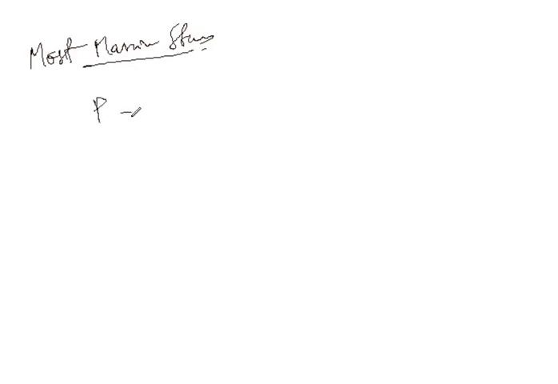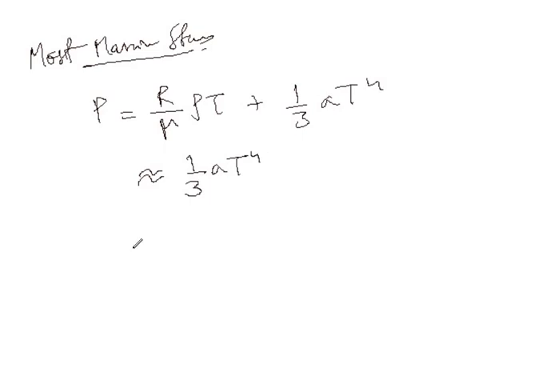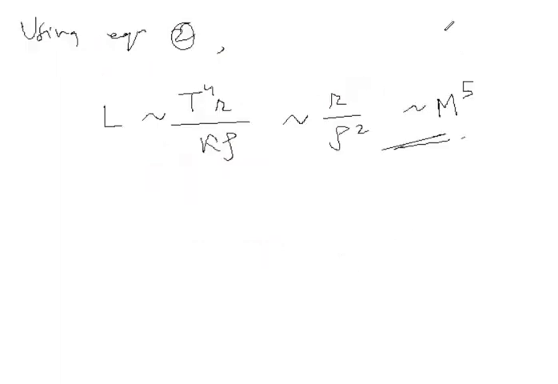So basically what we have is R by mu rho T plus 1 by 3 A T to the power 4, and the first term is negligible, so we can write approximately 1 by 3 A T to the power 4. This means that P scales as T to the power 4. Right, equation 10. And the previous equation was equation 9.